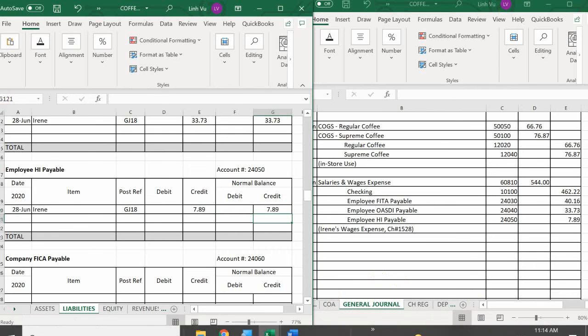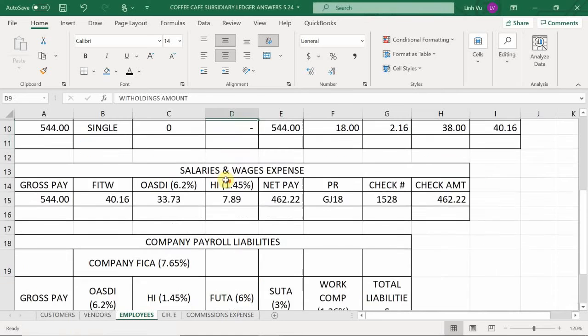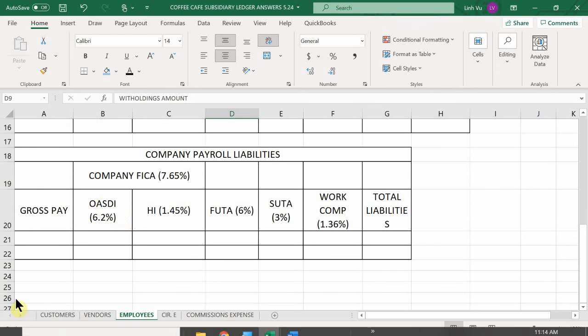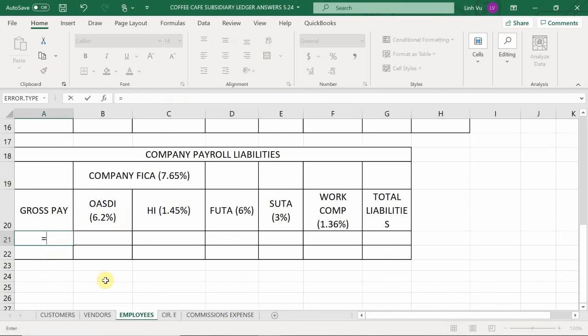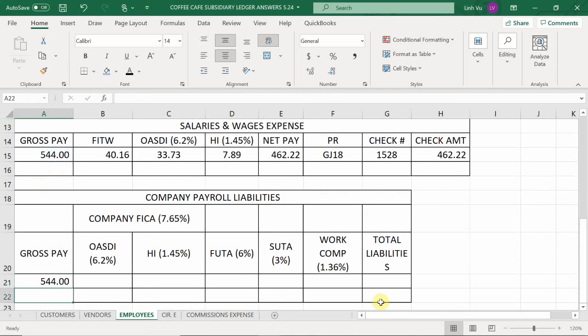So going back to our subsidiary ledger, we also have one more table to fill out, which is the company's responsibility to pay for having employees. First thing we have here for the gross pay is that she earned a total of $544.